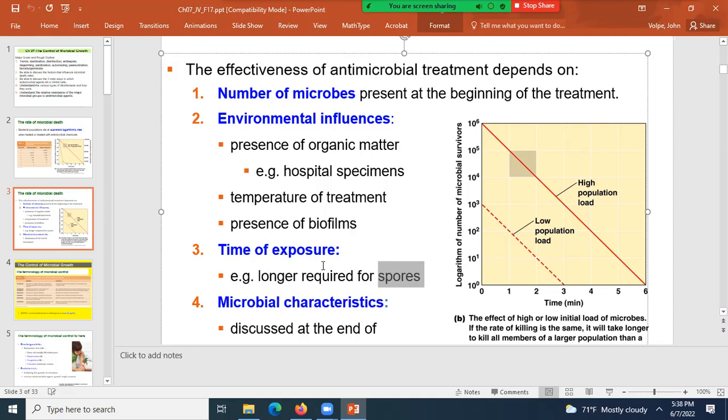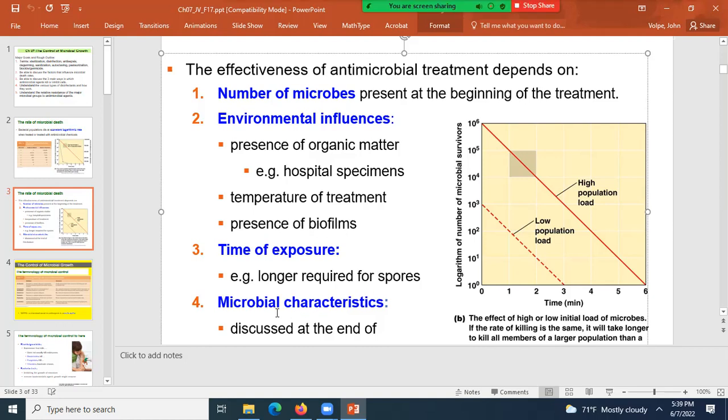Many antimicrobial treatments will not kill endospores. What's an example? Penicillin G will not kill endospores. The soap that you wash your hands with will not kill endospores. Alcohol will not kill endospores.